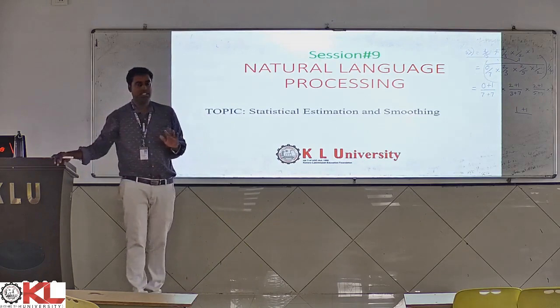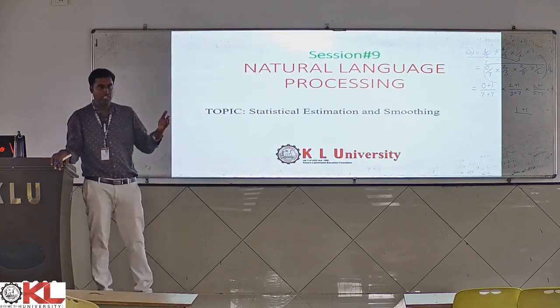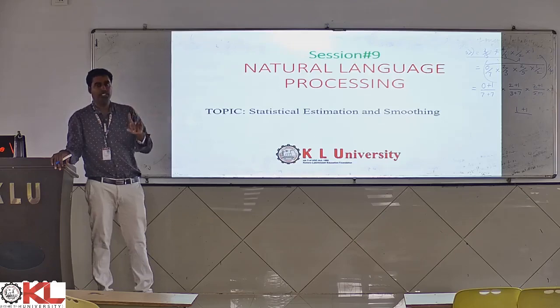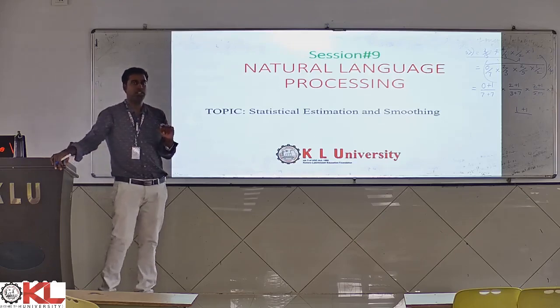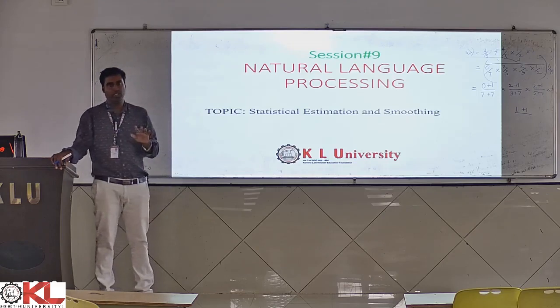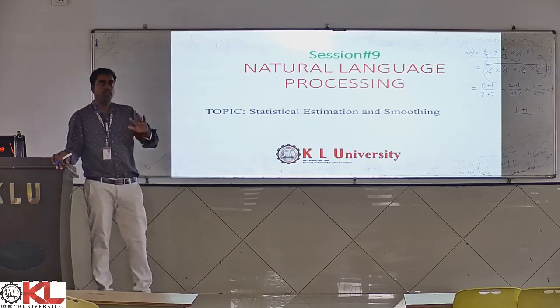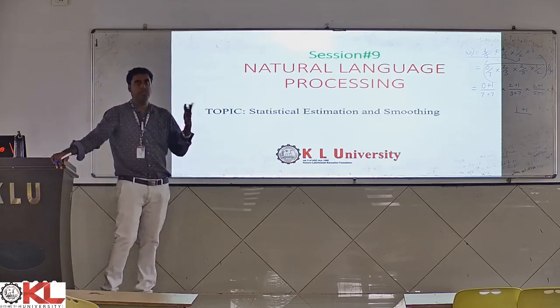Then we discussed the major challenges we face while using these models. One major challenge is the zero occurrence. Now how to solve that zero occurrence? For that purpose, we are going to use the concept of smoothing approaches.